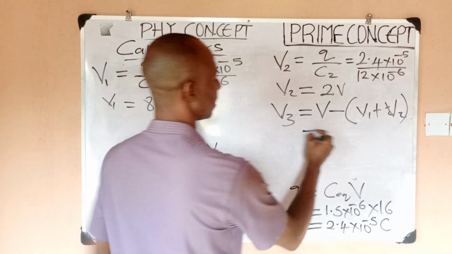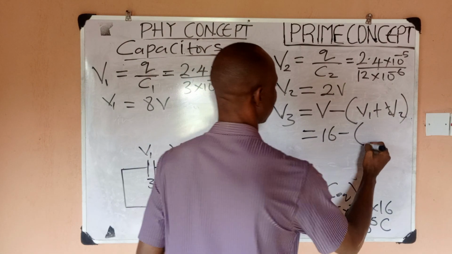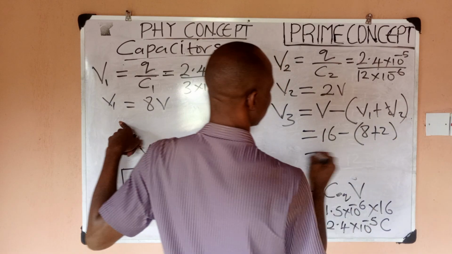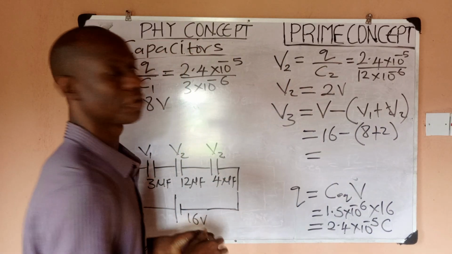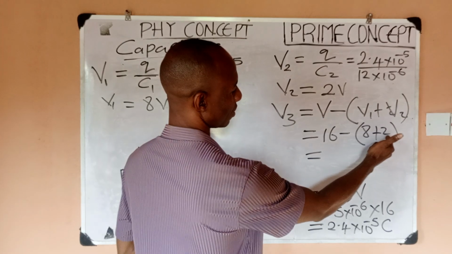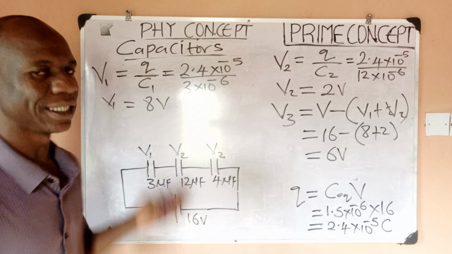Your V3 is going to be your total voltage, which is 16, minus V1, which is 8, plus V2, 2. So if you do this, you would find that V3 is 16 minus 10, which is 6 volts. So our V3 is 6 volts.